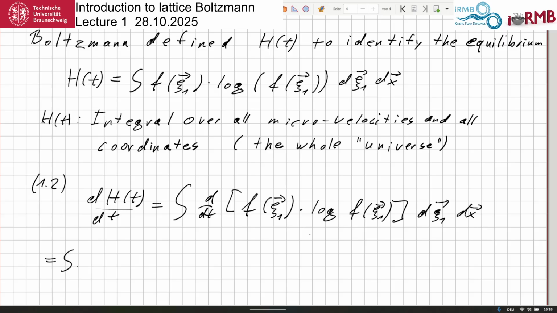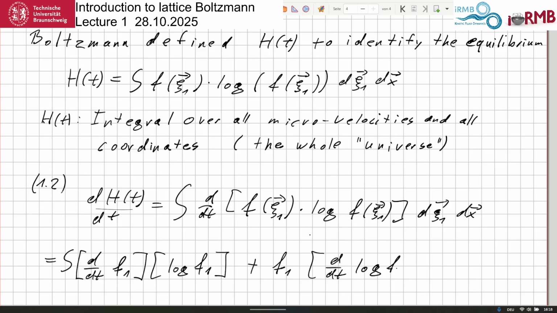We have the first one, d by dt of f1, multiplied by the logarithm of f1, and then the second part, f1 times d by dt of the logarithm of f1, and we integrate this over c1 and dx. Why do I write 1 here? Because there's only 1.